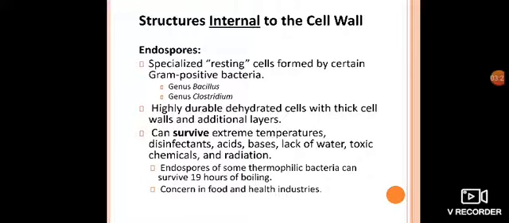They are highly durable, dehydrated cells with a thick wall and additional layers. Whenever spores are formed, they are more durable, meaning they are more resistant to different types of environmental conditions. They have a thick cell wall and additional layers, and can survive extreme temperature.